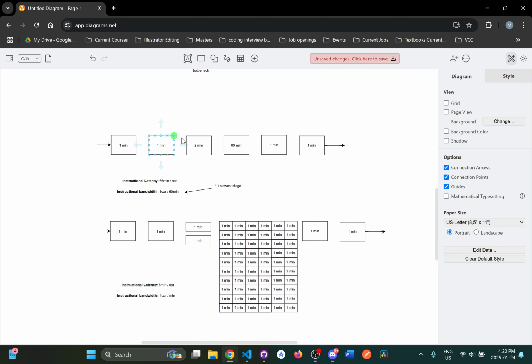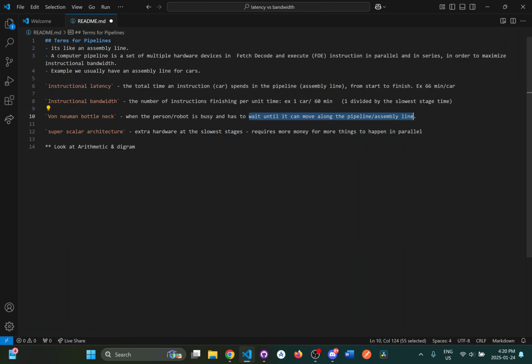So as things go down the pipeline, if something takes a longer time and we don't have enough resources, it's going to be stuck right here, and it will not be able to go through the assembly line until one of the cars is finished. Once it's finished, then we can take in more items in this section of the pipeline. So that's the von Neumann bottleneck. That's when it's stuck before getting to the next stage.